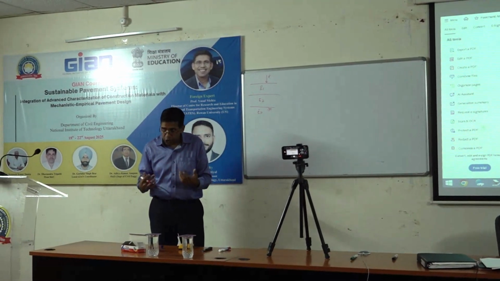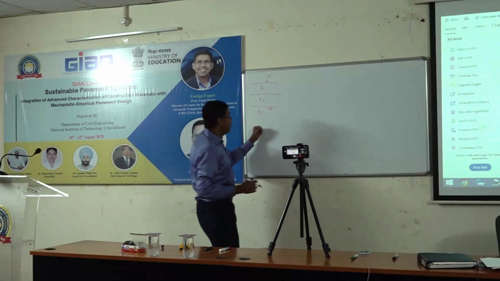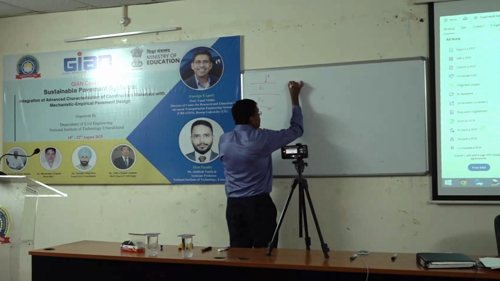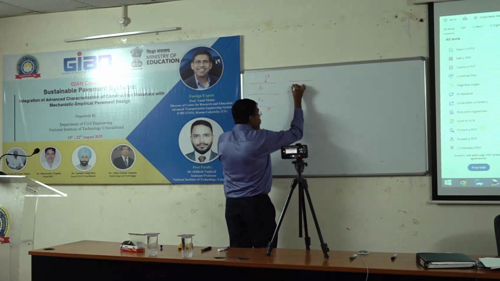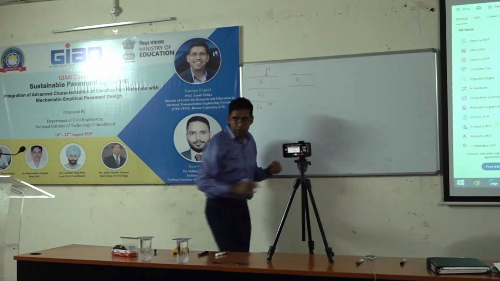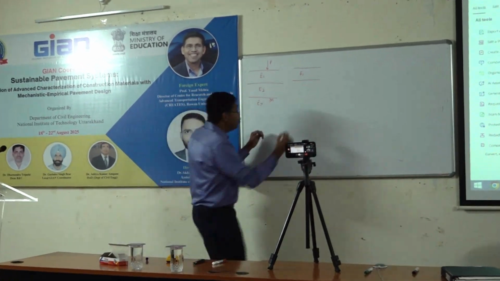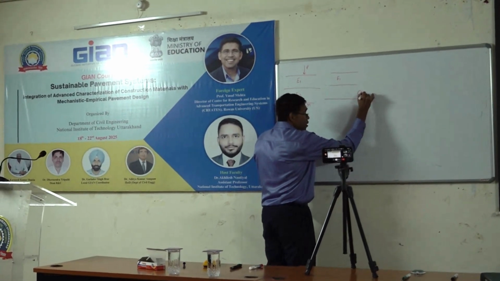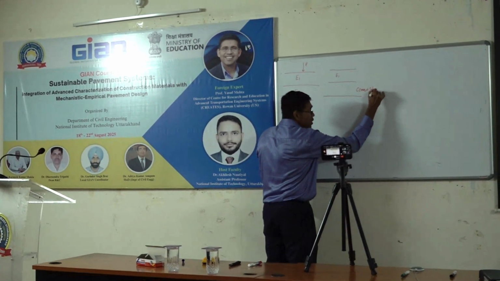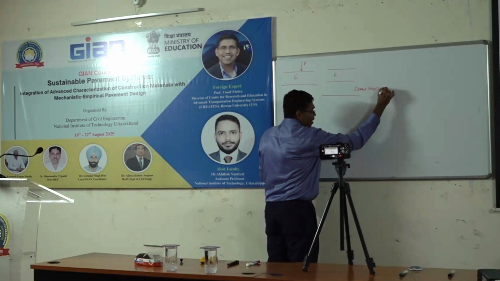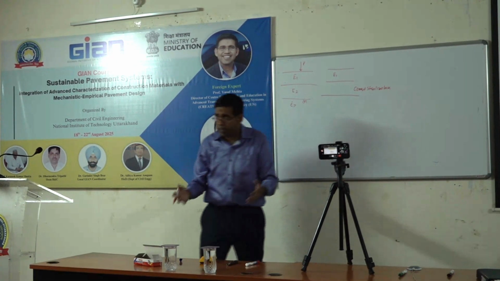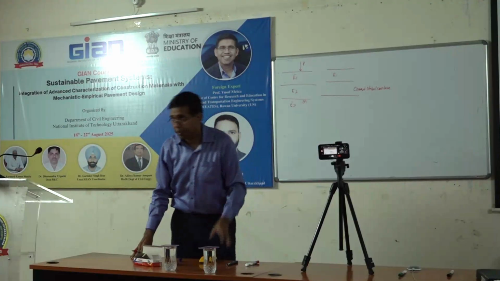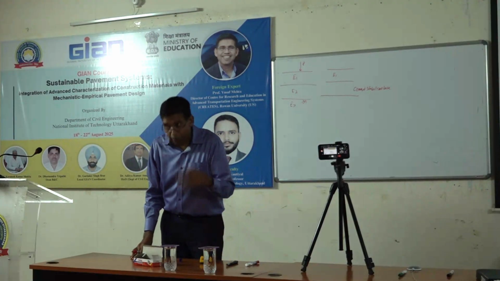So my question to you is this. E1 is the hot mix asphalt, and you happen to have a cement stabilized base, just happen to be in this particular section. It's an old pavement, a cement stabilized base or bituminous stabilized base, something like that, or lime stabilized base.